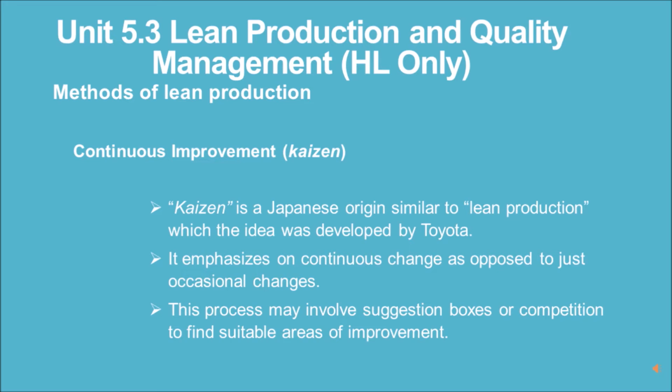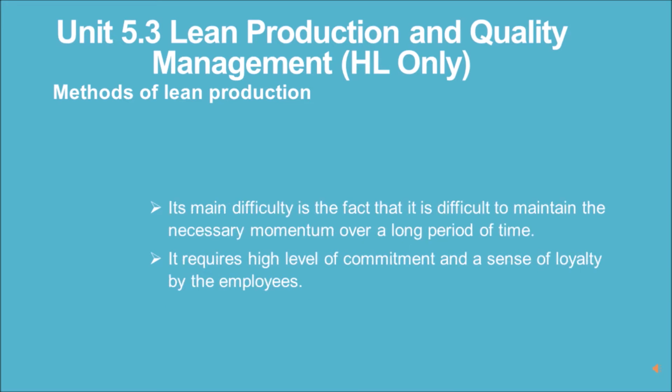It emphasizes continuous change as opposed to just occasional changes. This process may involve suggestion boxes or competitions to find suitable areas of improvement. Its main difficulty is that it is hard to maintain the necessary momentum over a long period of time. It requires a high level of commitment and a sense of loyalty from the employees.